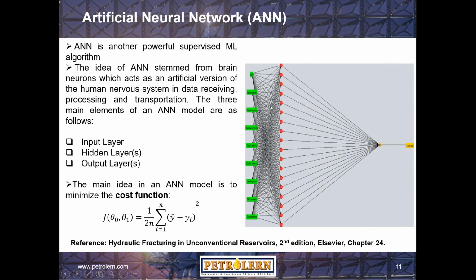So for example, in the ANN model, you have different fine-tuning parameters, such as what type of solver do I want to use to solve the problem? Do I use stochastic gradient descent? Do I use Adam solver? You also have different types of functions. Do I use tangential or logistic functions to solve the problem?